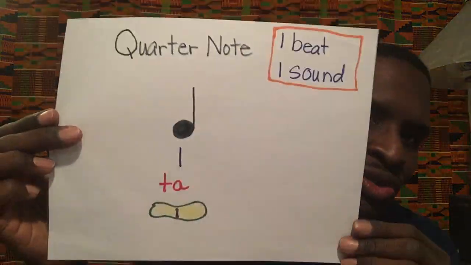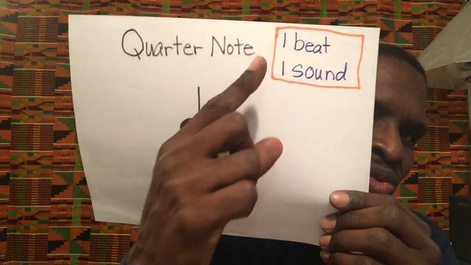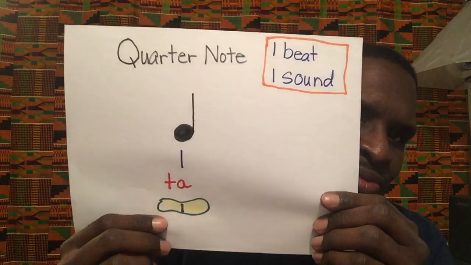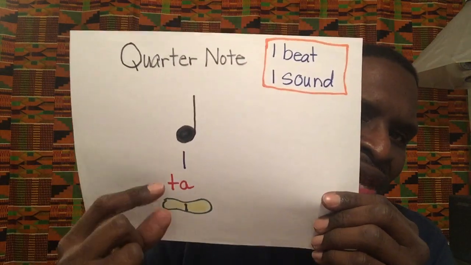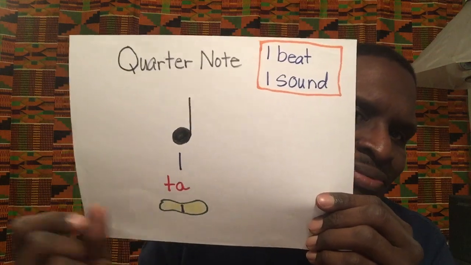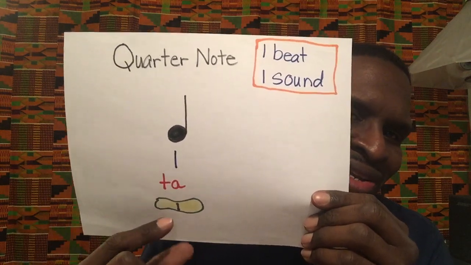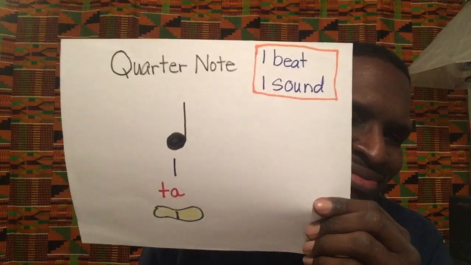Okay? Now, next we have a quarter note. A quarter note is 1 beat, 1 sound. 1 beat, and then the singing syllable, ta, and 1. Okay, so let's draw that. First, with your dry erase board, write quarter note.